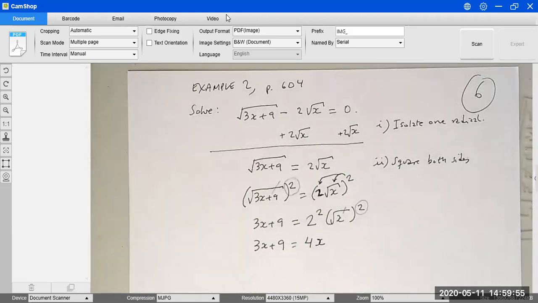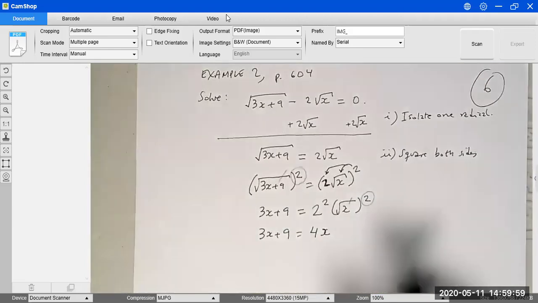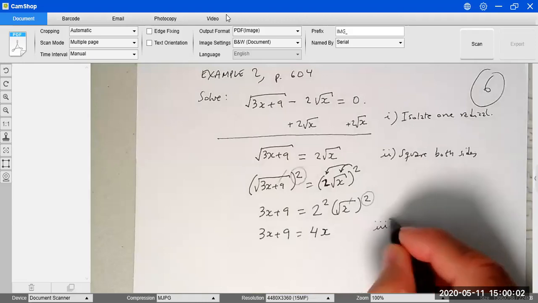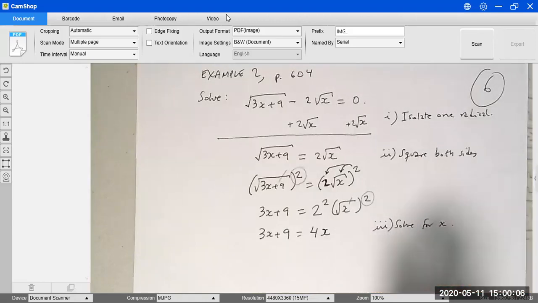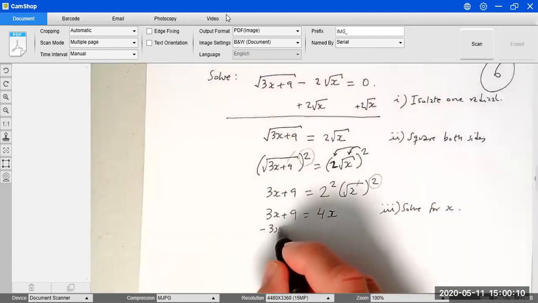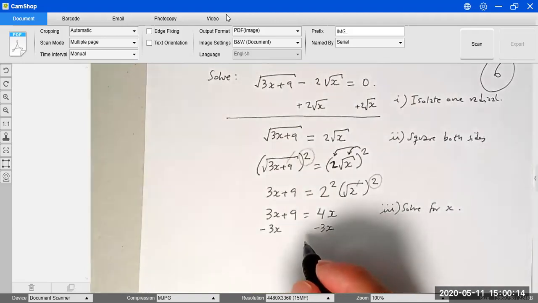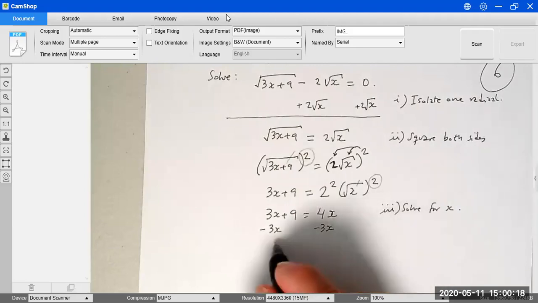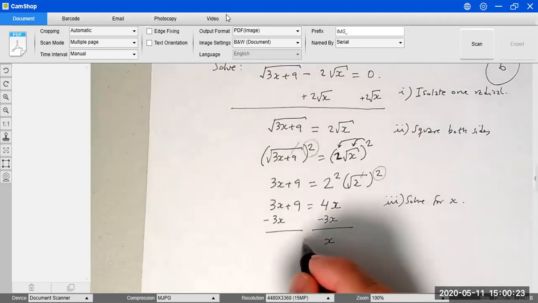So finally, you just need to work on this equation. So the third step is just solve for x. So in this case, we need to subtract 3x from both sides of the equation. So we get 9 equals x on the right hand side.